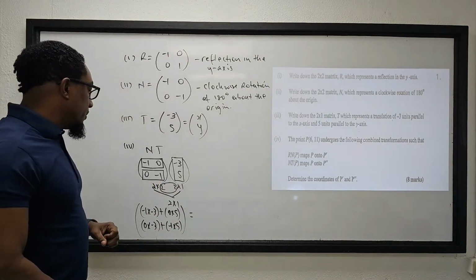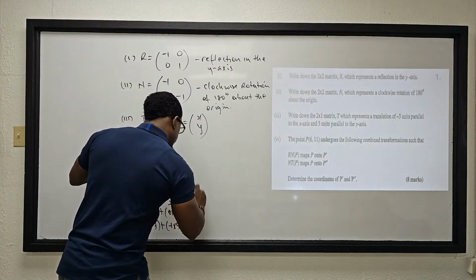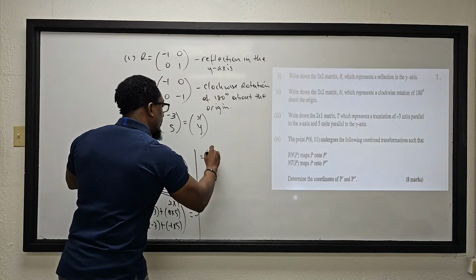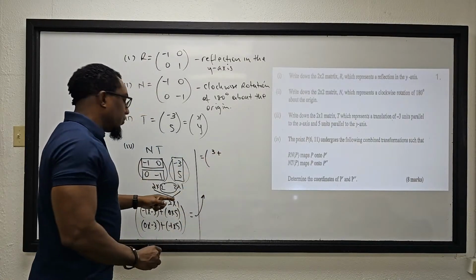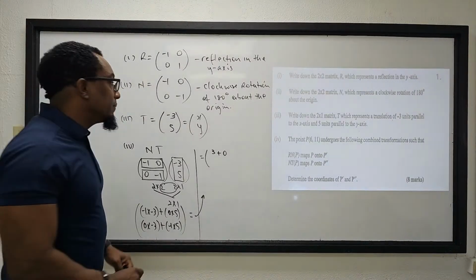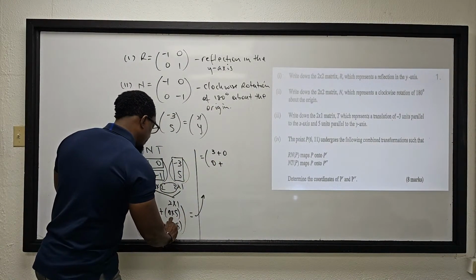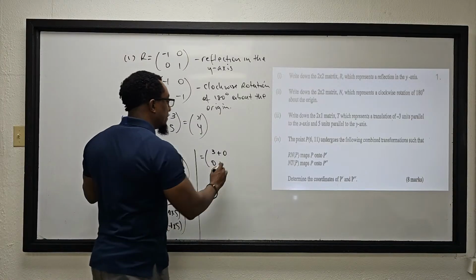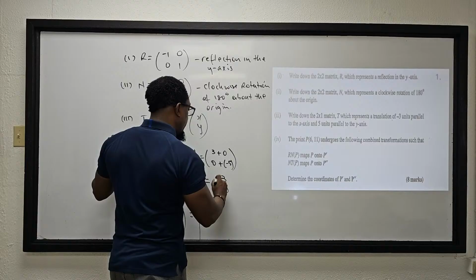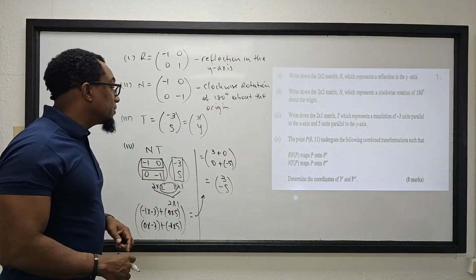And this will give us negative 1 by negative 3 is positive 3. Plus 0 by 5 is 0. 0 by negative 3 is 0. Plus negative 1 by 5 is negative 5. This will give us 3, negative 5. And that will be the combined transformation NT.